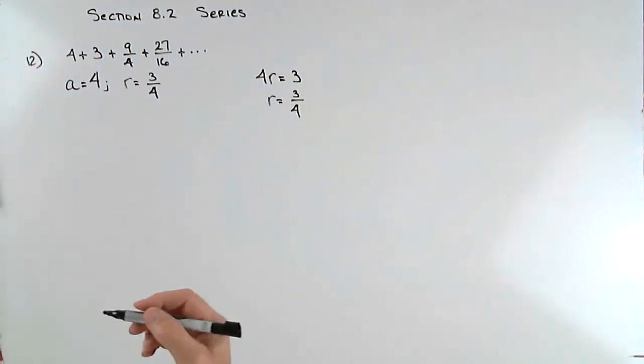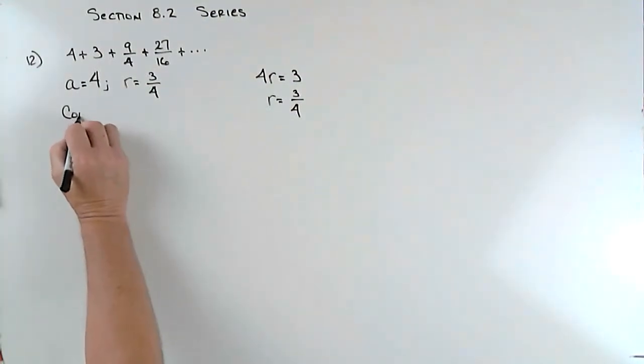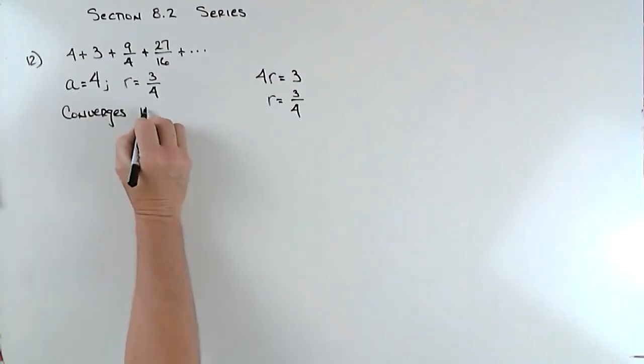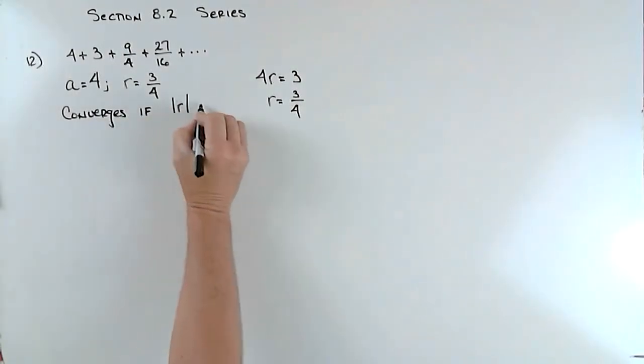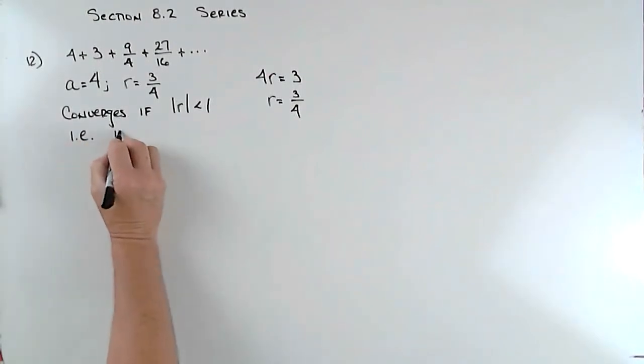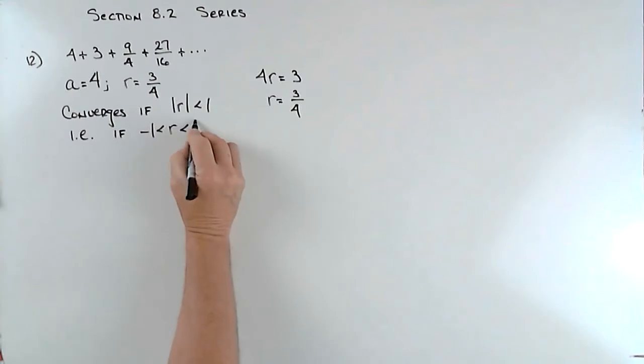Now, we were given some theorems about geometric series, and we were told that a geometric series is convergent if the absolute value of r is less than 1, i.e., if -1 is less than r is less than 1.